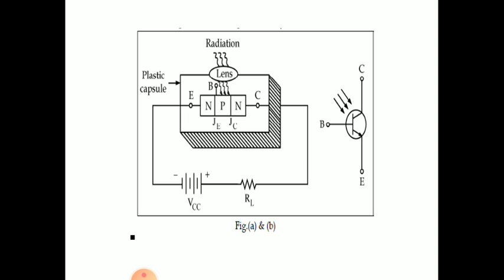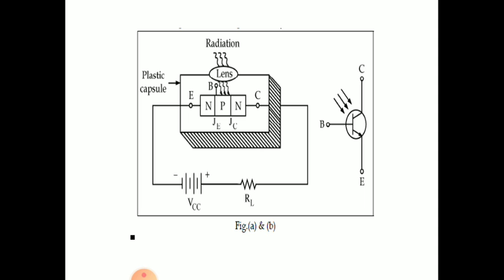After drawing the diagram, please observe it. Inside we have the symbol of the phototransistor also, that is a normal transistor with incident light arrow symbols that represent the light.